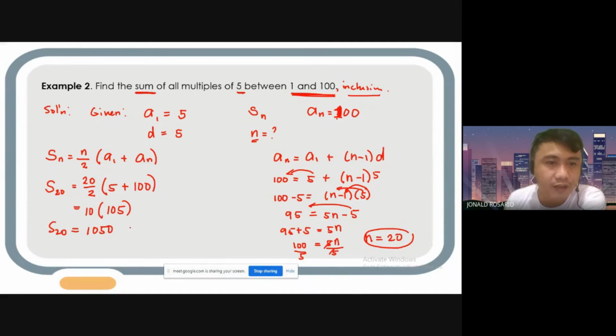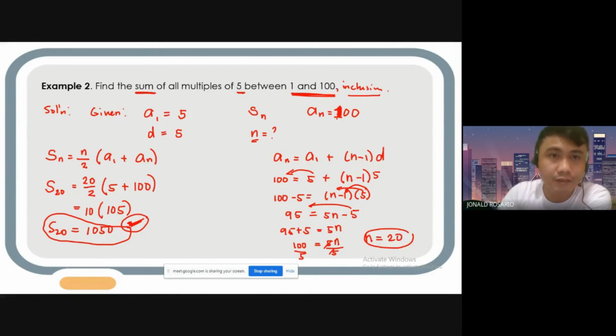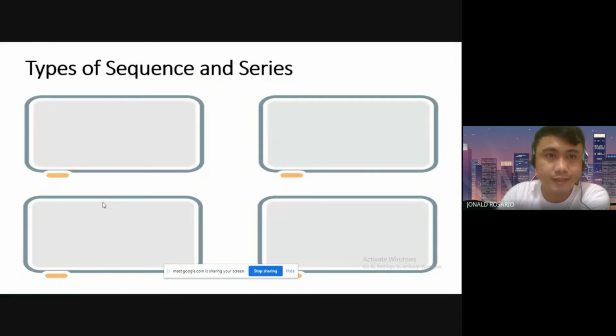I think if we're going to look for the final answer on your module, mali po yung sagot nila. Paki-correct na lang. Kasi nakita ko yan kanina pa. Bakit ganun ang sagot nila? So mali po yan. The final answer is 1050. That's example number 2 for the arithmetic series.